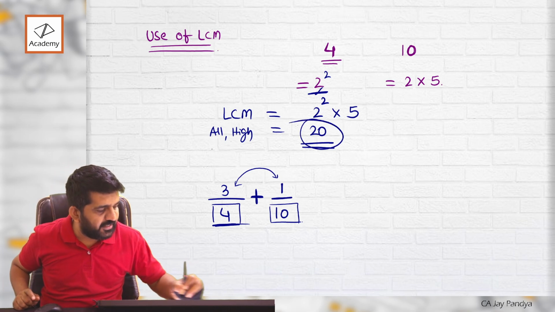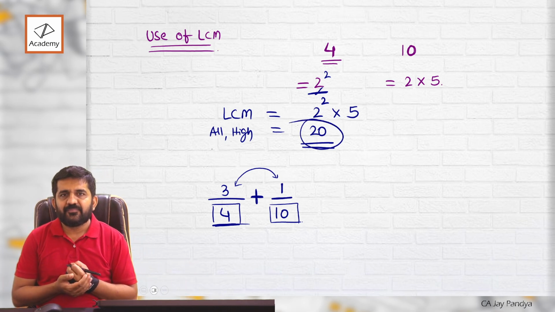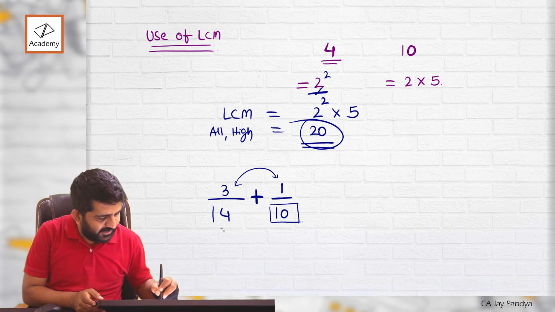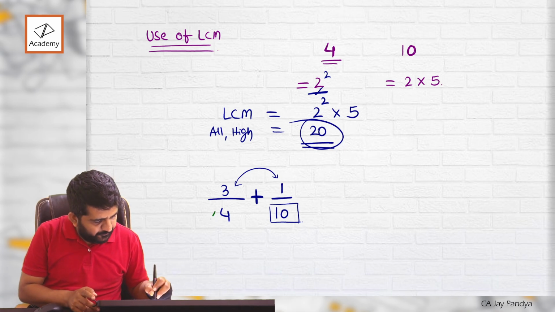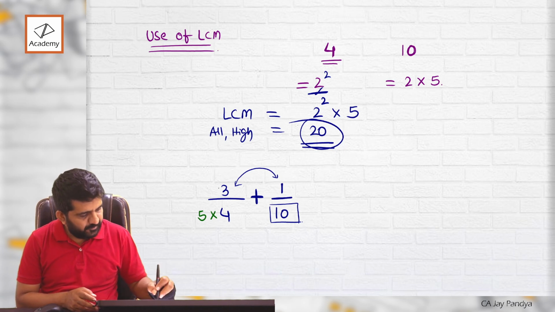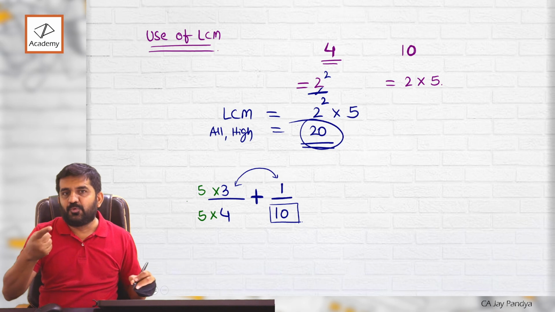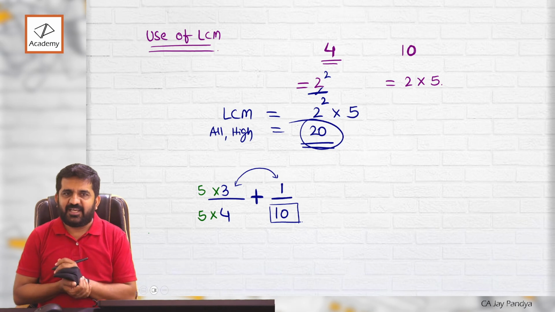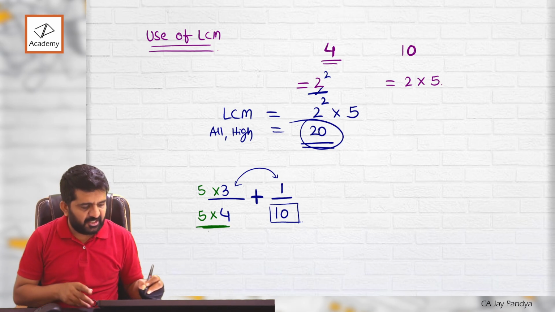Believe me, it is this LCM. If I want to make 4 into 20, what will I multiply? 4 fives are 20. I will have to multiply in the numerator also. You cannot directly multiply in the denominator and not do anything else. So this is done. Green color pen is done.